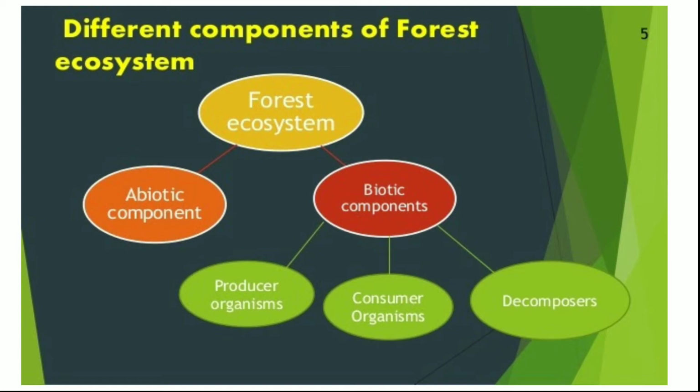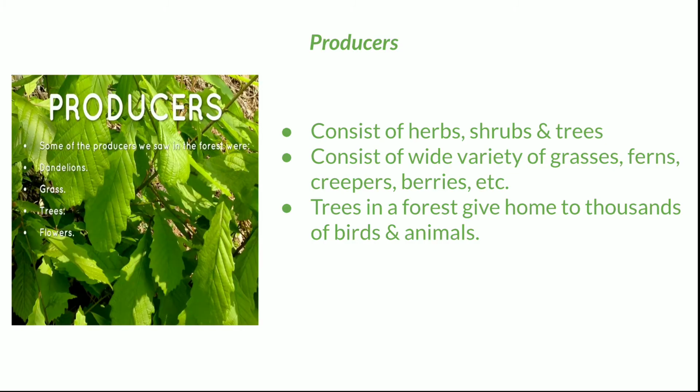So first let me start with the producers, that is the biotic component. Here it consists of different plants and animals, that is the flora and fauna. Flora is the plants, fauna is the animals, and together they are the producers, consumers and decomposers of this biotic component.